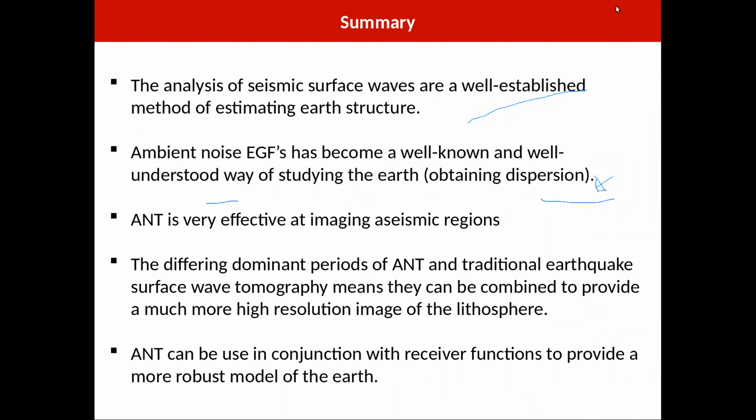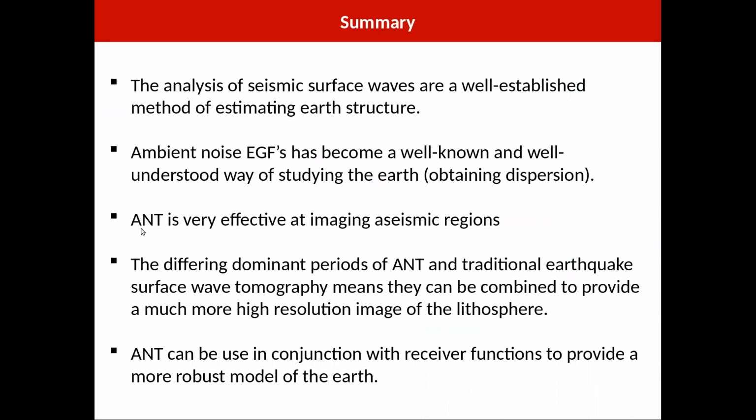So in summary, what do we have with this surface wave analysis? It's a well-established method for estimating the Earth structure, okay? And the ambient noise Green's function has now become a well-known and well-understood process to study the Earth velocity model.